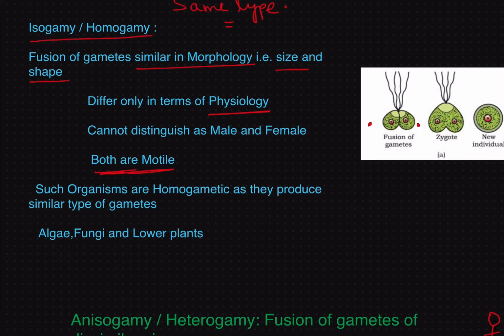In this case, we cannot distinguish which is a male and which is a female. Such kind of organisms are called as homogametic, and you can find this isogametic fusion in algae, fungi and lower plants. Example, Cladophora.